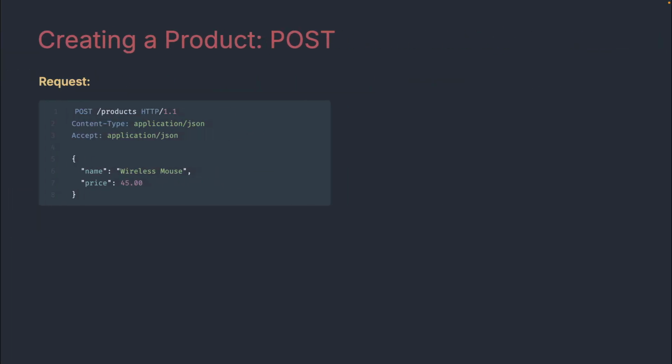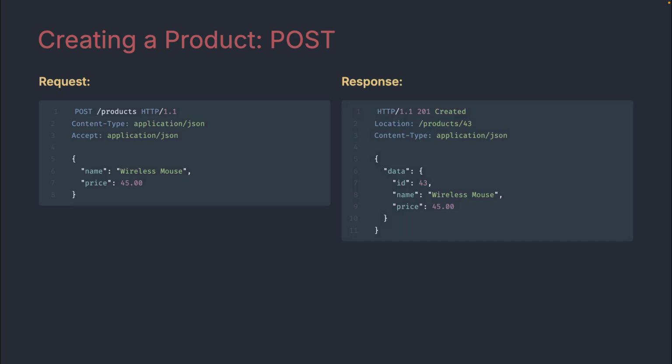When you need to create a product, we talk about the POST itself. It will be a simple request and response. You send the verb, POST, the resource, and the HTTP version, and you tell them what type of content you're sending and what type of content you are expecting to receive. And you send the product: wireless mouse, price 45.